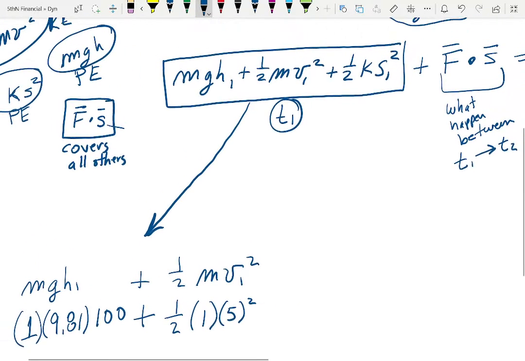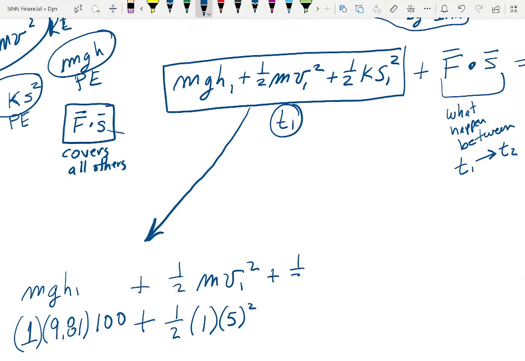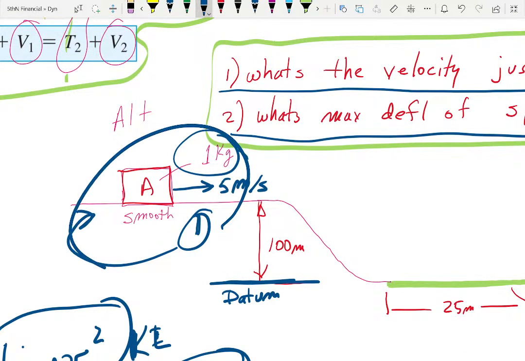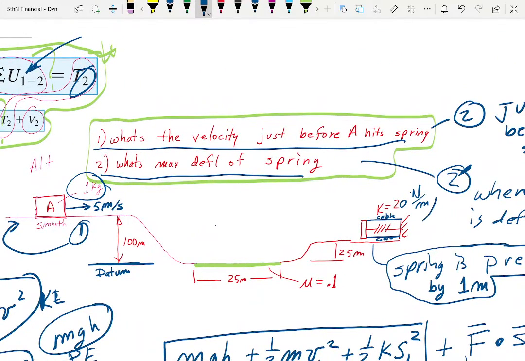Now the next term, plus 1/2 k s1 squared. Now, it is true we have been focusing back here, but at the same time, at T1, that spring is still sitting there being compressed.